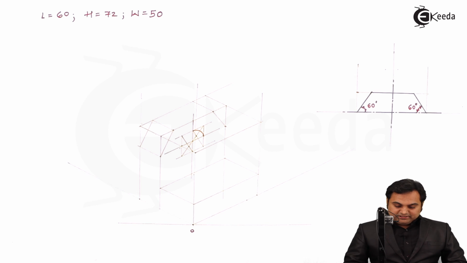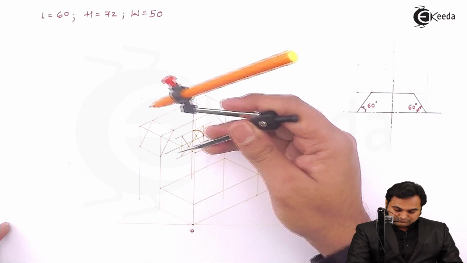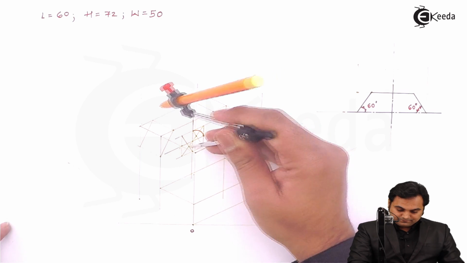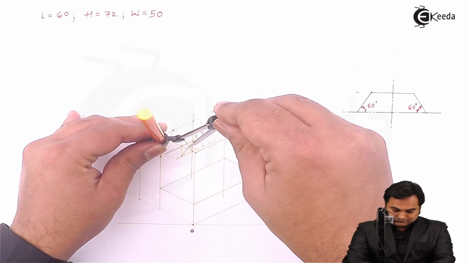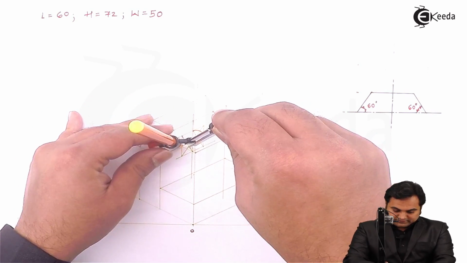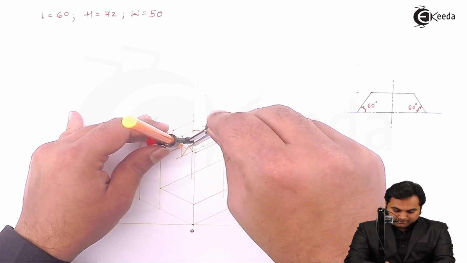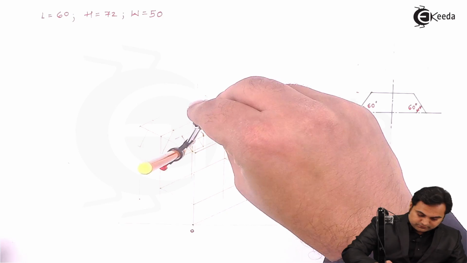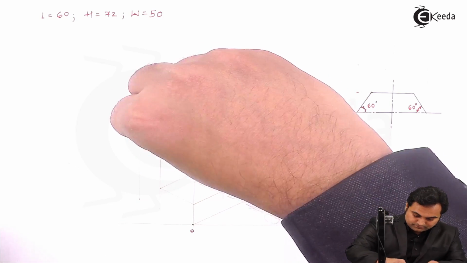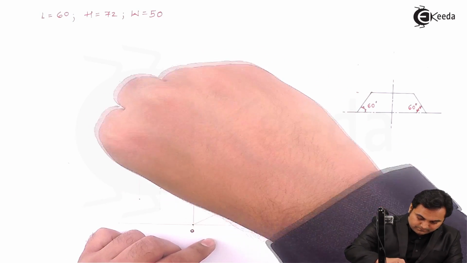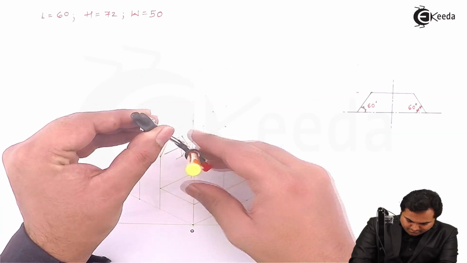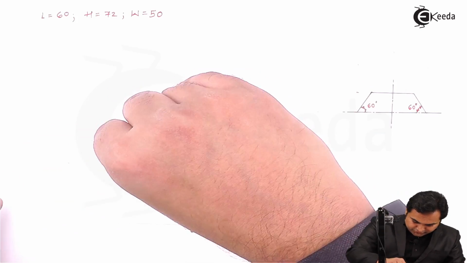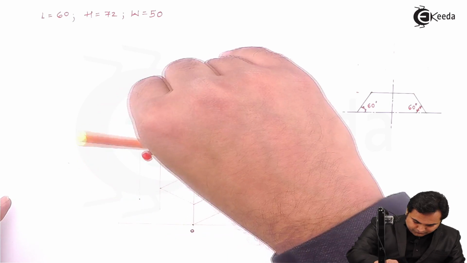Next, in a similar manner, take the other center as a reference. Take this distance as the radius, and join these 2 points.